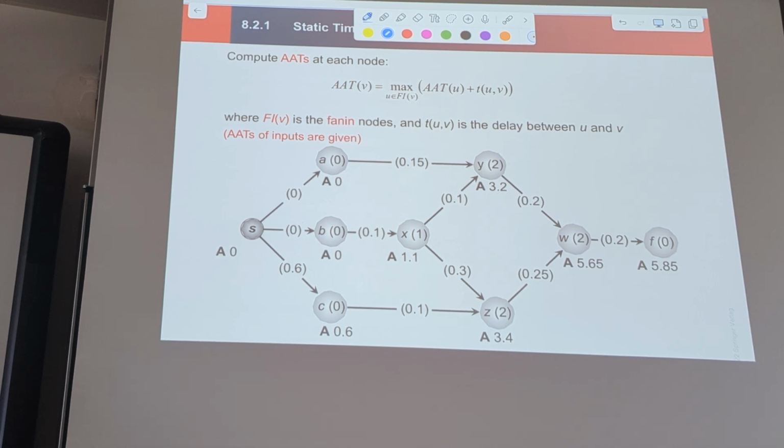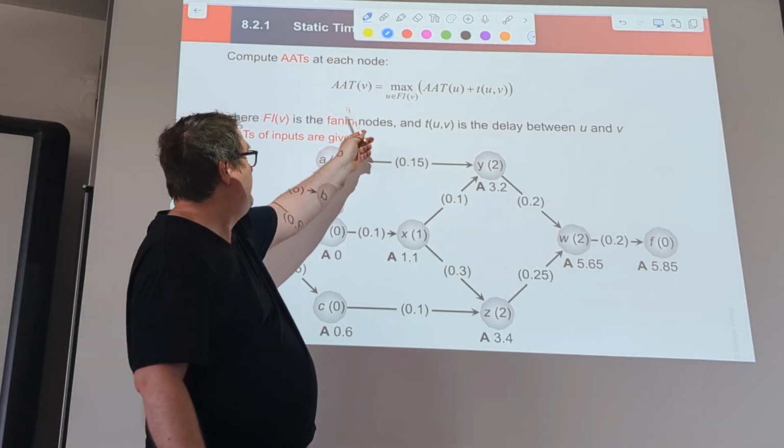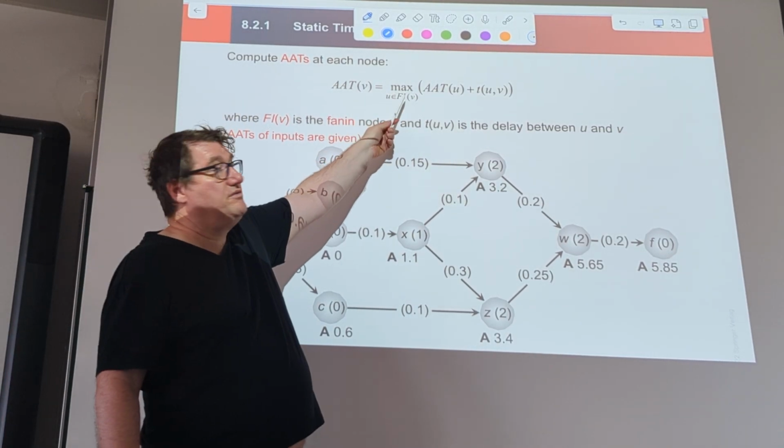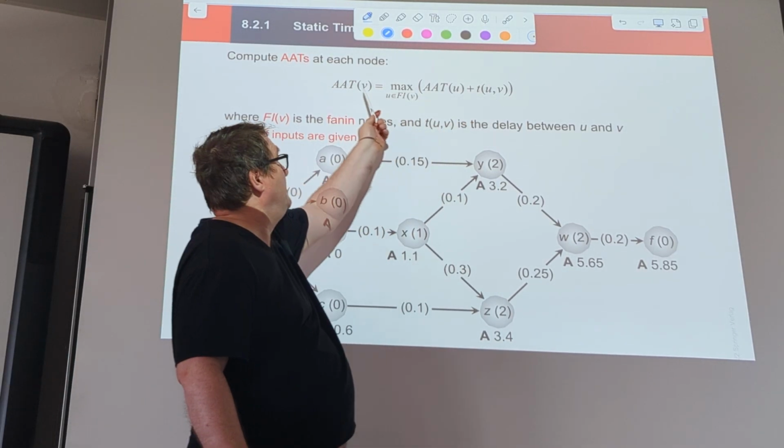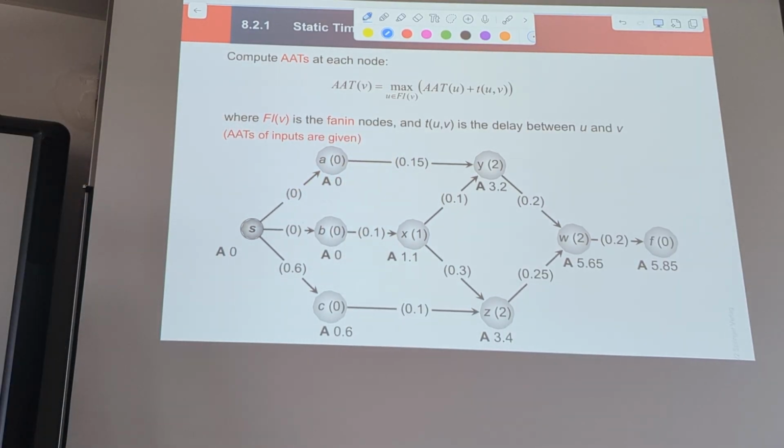The AAT, the actual arrival time at one node V, is the maximum of the actual arrival times of all nodes U, where U is an element of the fan-in of V. So you look at all inputs of your node, take the arrival time of each input node plus the wire delay from that input to your node, and from that you take the maximum.